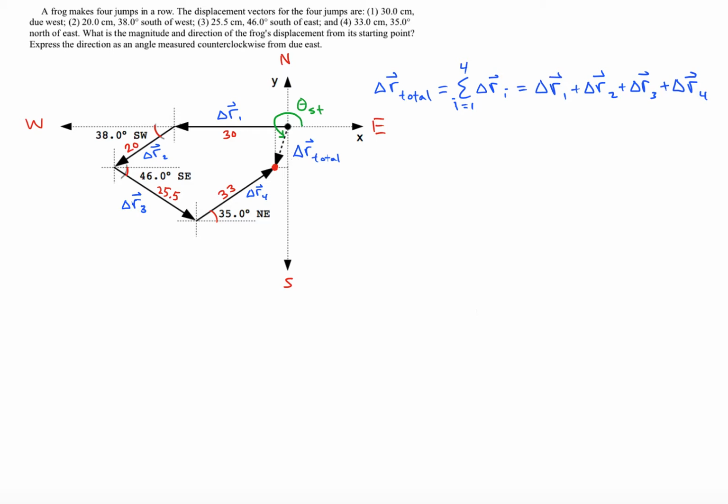And what I'm going to do is find the components of each displacement. Because when we add vectors, we have to add the x components together separately from the y components. The x components get added together, and the y components get added together too.